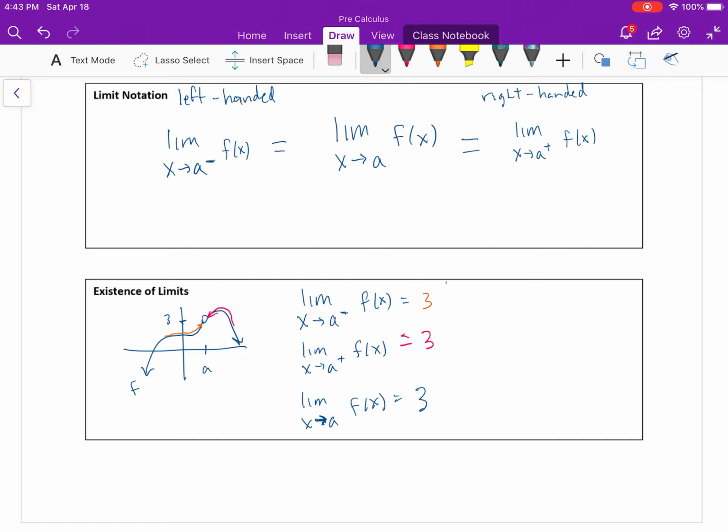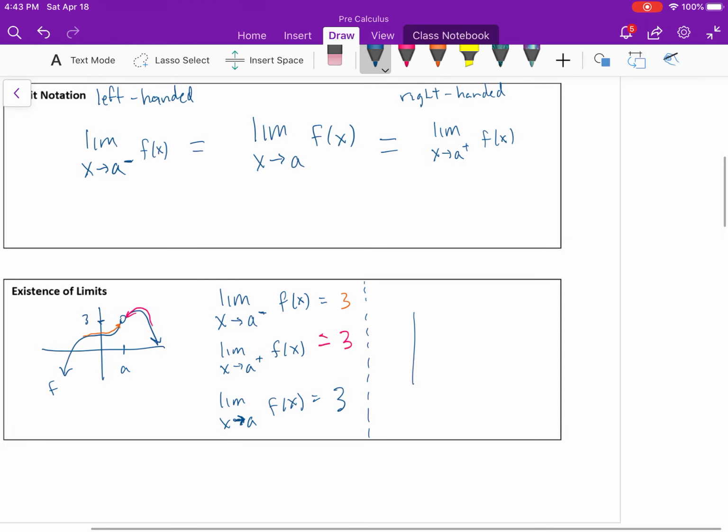A second example you might have is a function that looks like this, where you might have a jump. It's called a jump discontinuity, where you've got that graph like so. And in this case, the limit as x approaches A, we'll call that 2, and let's just say -1.